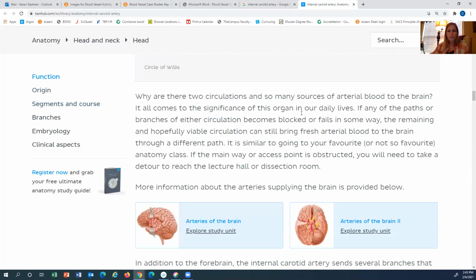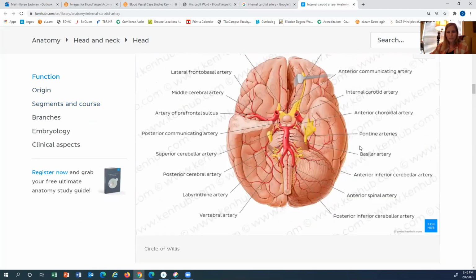Then on this picture, which is more common, this is the more common picture that we see of Circle of Willis. So now that you've been able to see it from a lateral view, this is the left vertebral artery coming up. This is the right vertebral artery coming up, making the basilar.